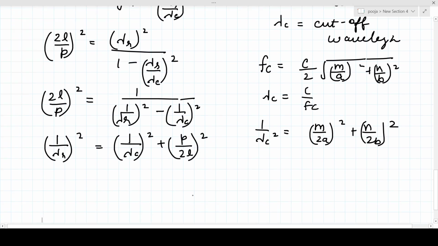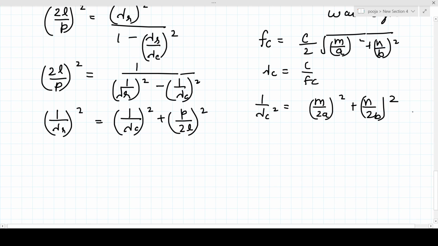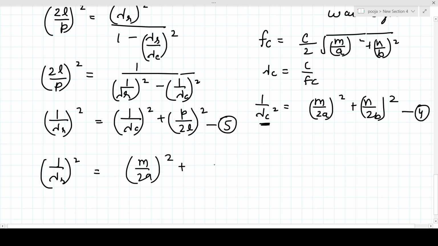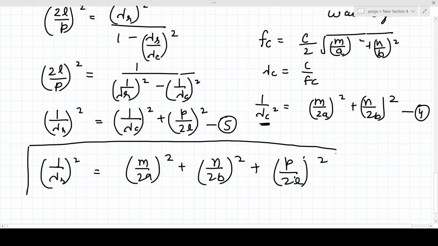We'll put the value of 1 by lambda c square from equation number 4 into equation 5. We have 1 by lambda r square equal to m by 2a whole square plus n by 2b whole square plus p by 2L whole square. So this is the equation for resonant wavelength.